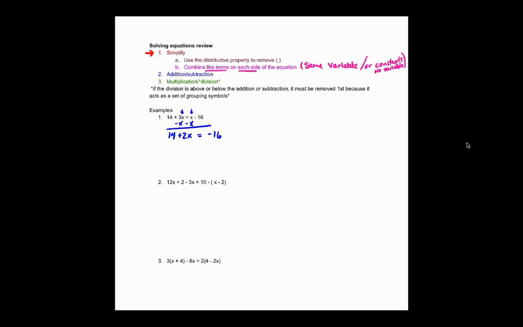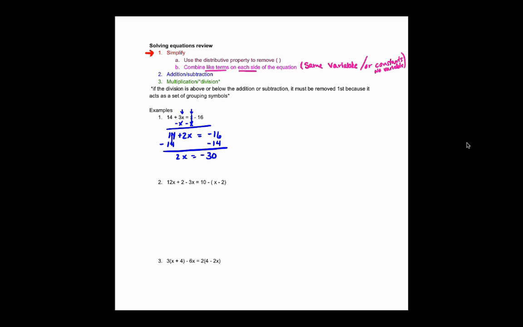There's still addition. This time we're going to deal with the 14. The opposite of a positive 14 is a minus 14. So this is going to cancel out. We're going to have our 2x, and negative 16 minus 14 is a negative 30. Now we have no addition on the left and no addition or subtraction on the right.